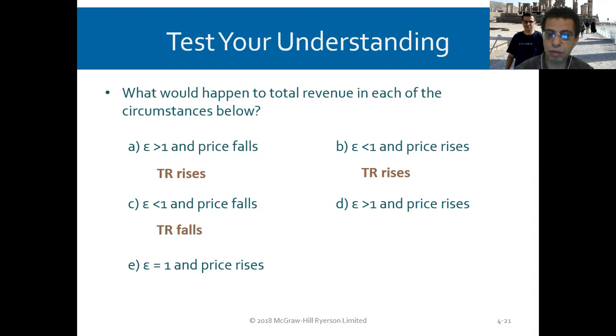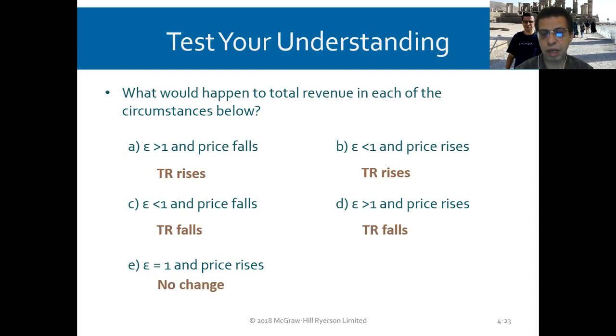Total revenue falls. And if the elasticity is higher and the price rises, then total revenue is falling. And if it's one, no change is happening.